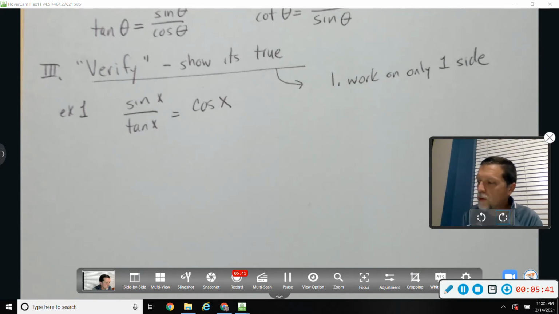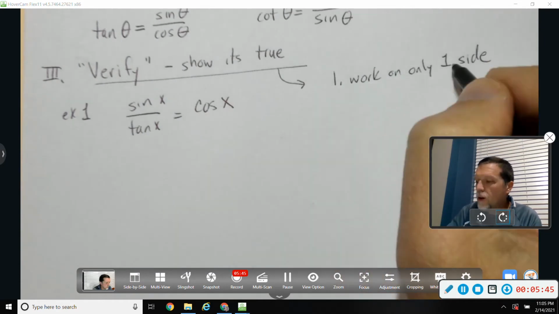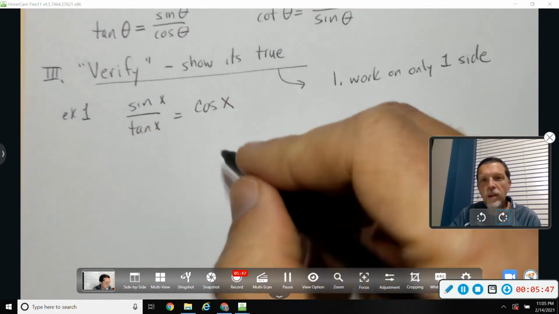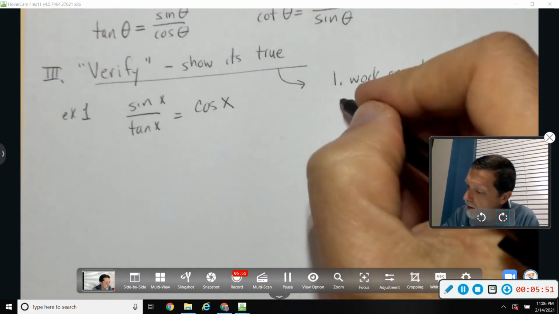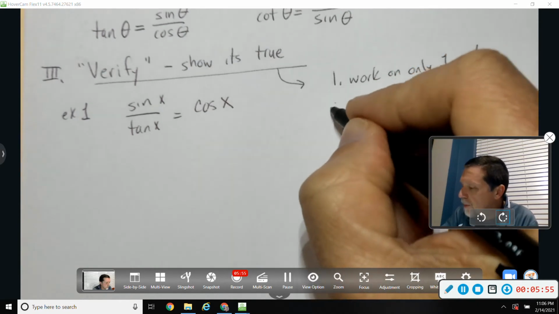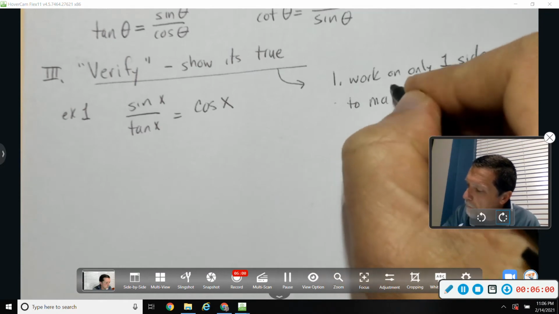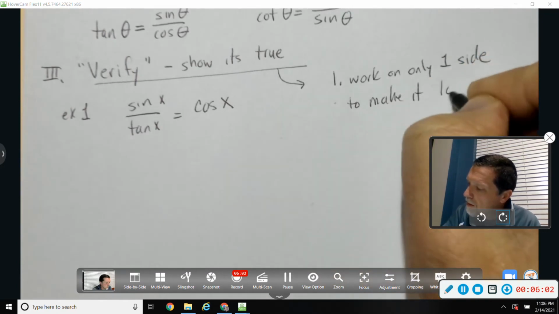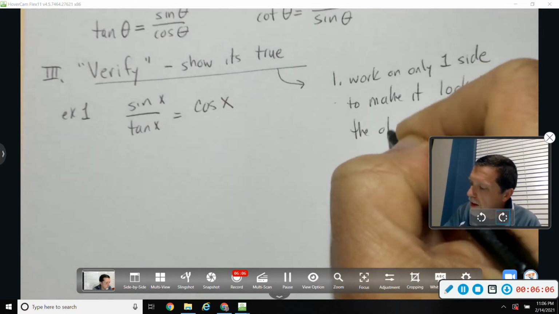Today it won't be too bad, but this keeps our work neat and clean if we only work on one side. So you pick one side to work on and try to make it look like the other side. Work on only one side to make it look like or equal the other side.